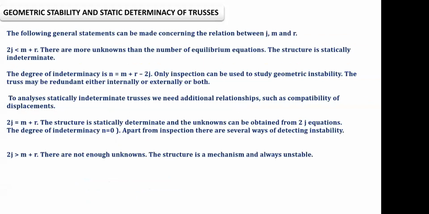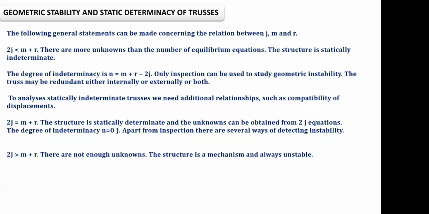If we see any truss and 2J is less than M plus R, then we say the structure is statically indeterminate. Otherwise, if 2J equals M plus R, that is determinate. If it is not equal, then directly we can say indeterminate.